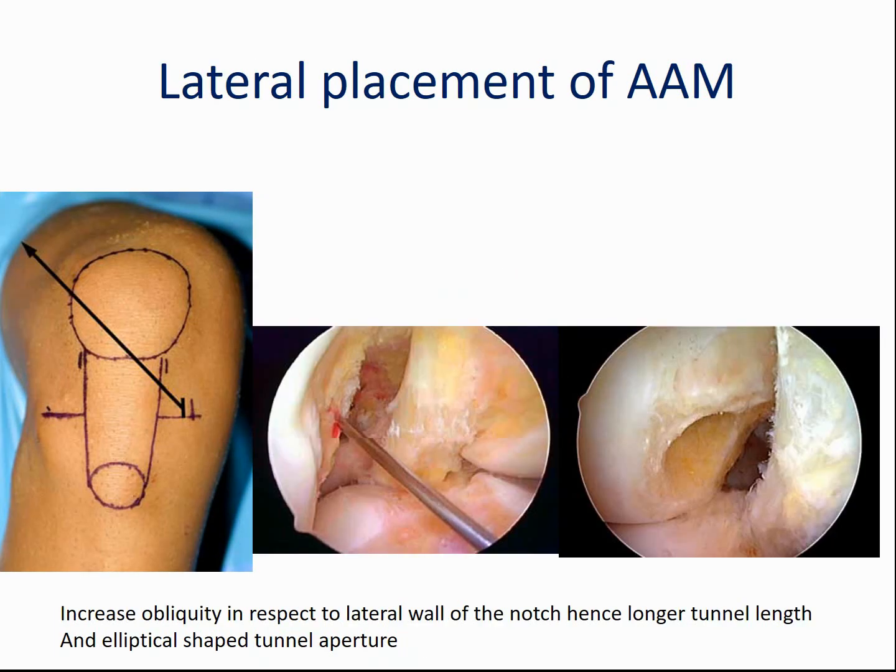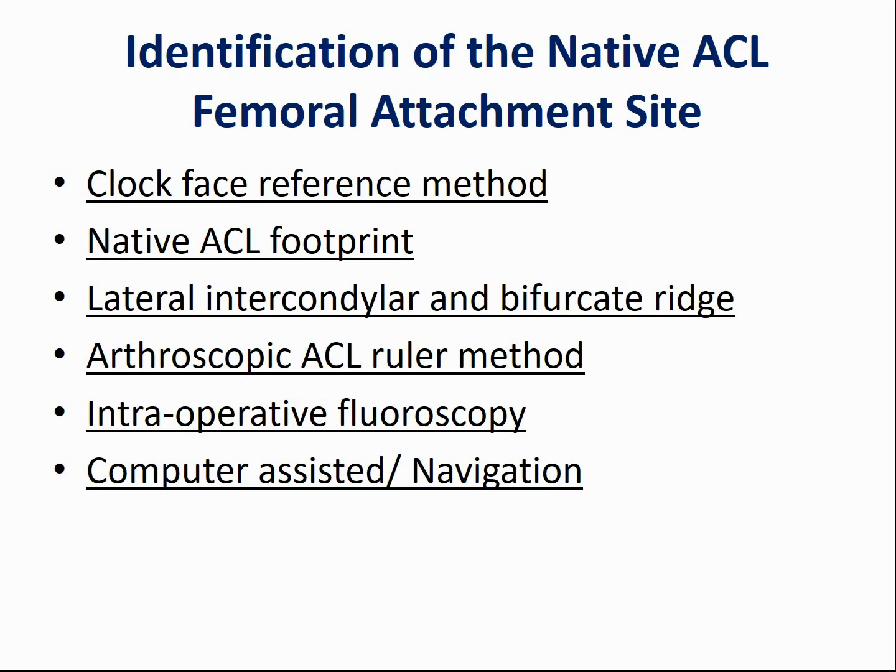Lateral placement of the accessory anteromedial portal will give increased obliquity with respect to the lateral wall of the notch. Hence, it will give a longer tunnel length and an elliptical tunnel aperture.